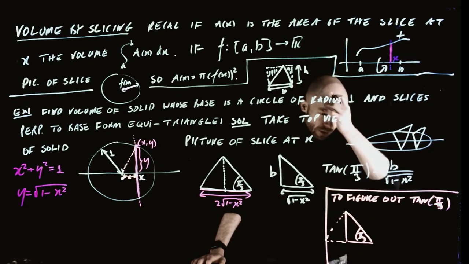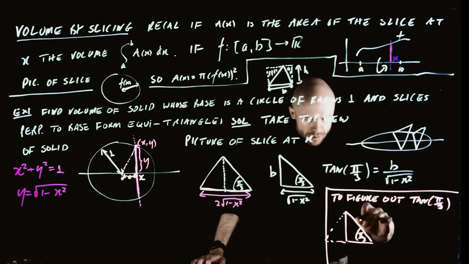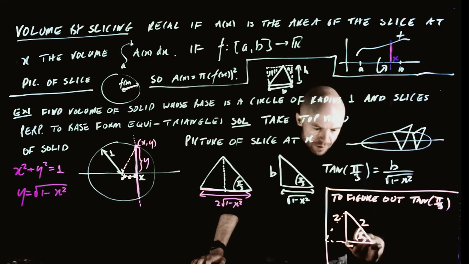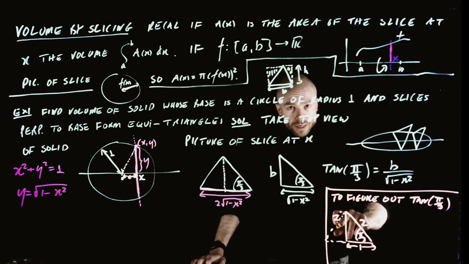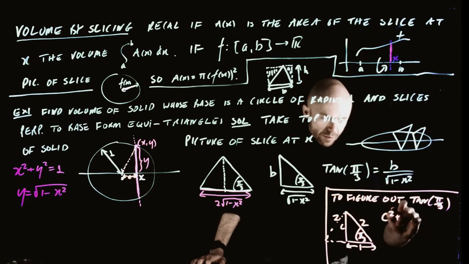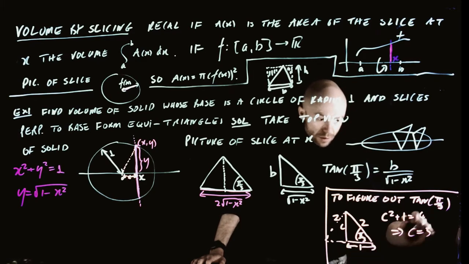So let's make things really convenient for ourselves, and let's make all the side lengths 2. So this is 2, this is 2, and this whole thing here is 2. But that means that this side length here is 1. Yeah? And then by Pythagoras, we know what this side is, because this side, let's call it c, squared plus 1 squared is equal to 4, which implies that c is equal to the square root of 3. Like this.